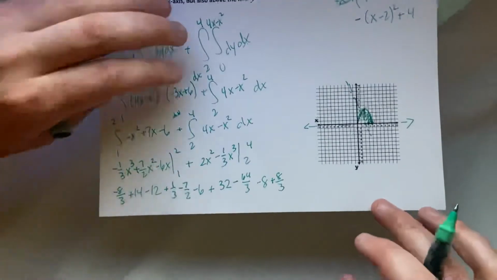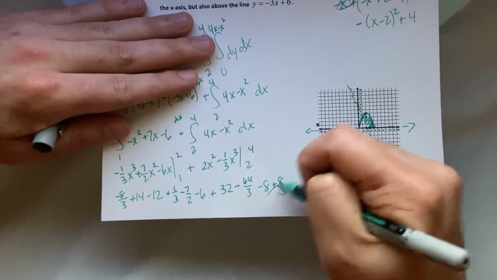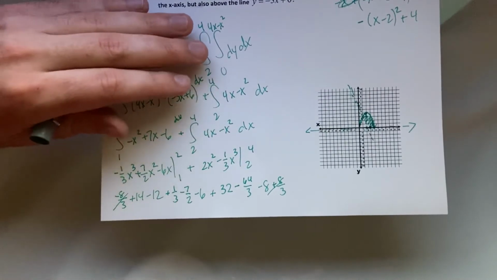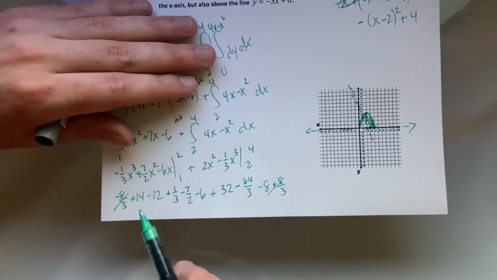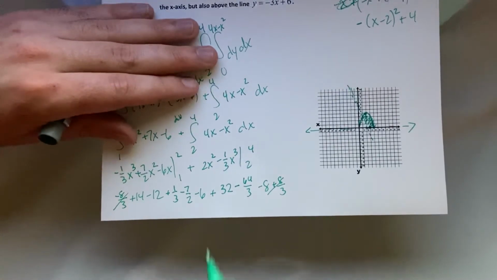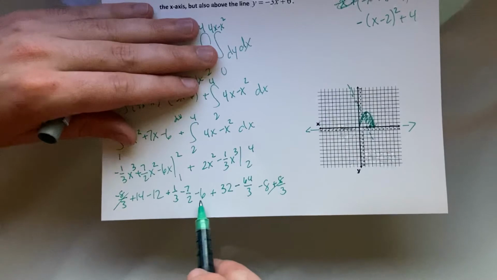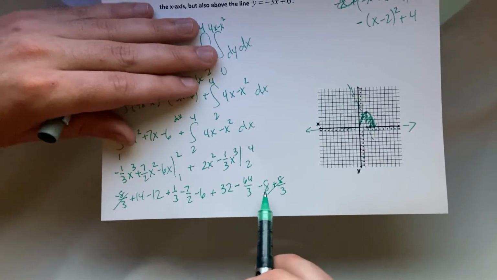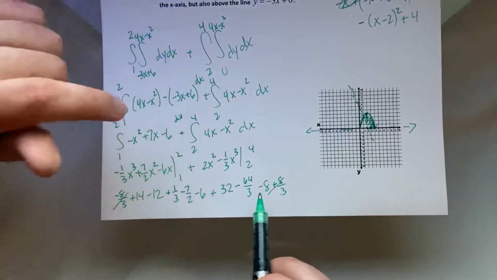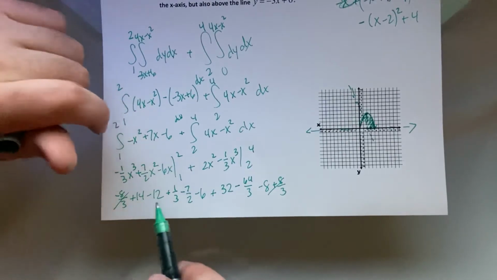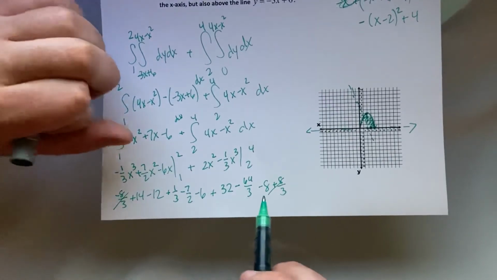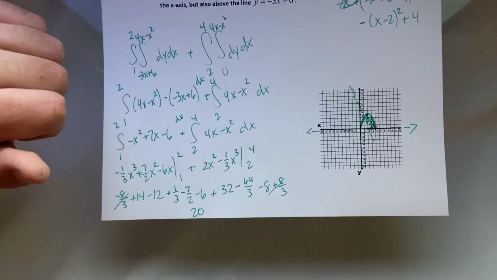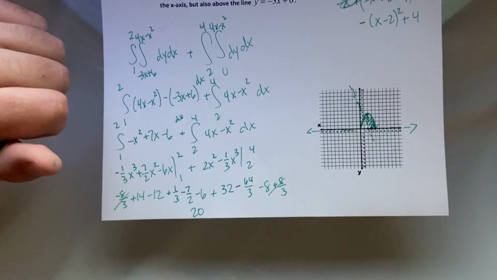Okay, so let's see what we can get rid of. An 8/3 and a negative 8/3. Let's take all of the constants and put them together. 14 minus 12 is 2. Minus 6 is negative 4. Plus 32 is 28. Minus 8 is 20.